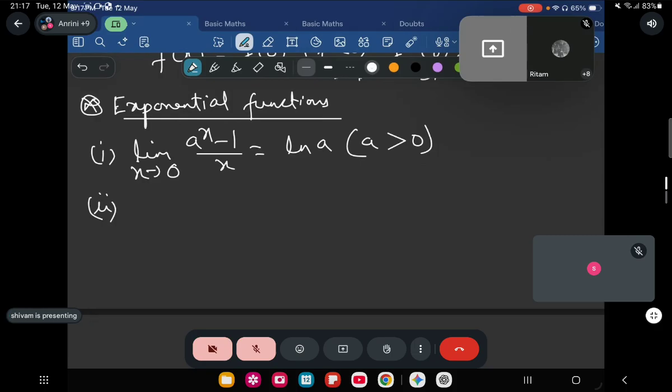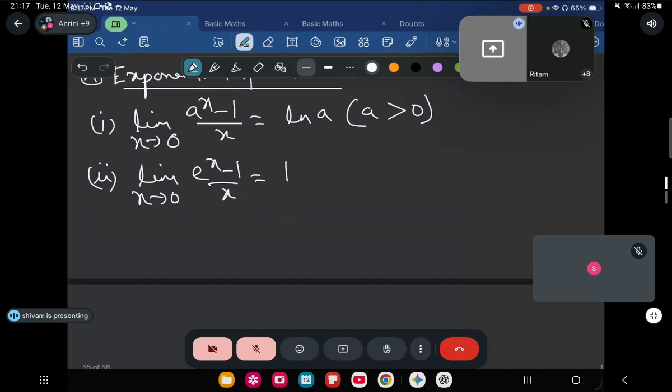Okay. Number two. What is limit x tends to 0, (e to the power x minus 1) by x? Tell me. 1. ln e will be 1. Number 3. Limit x tends to infinity, what is x into (e to the power 1 by x minus 1)?